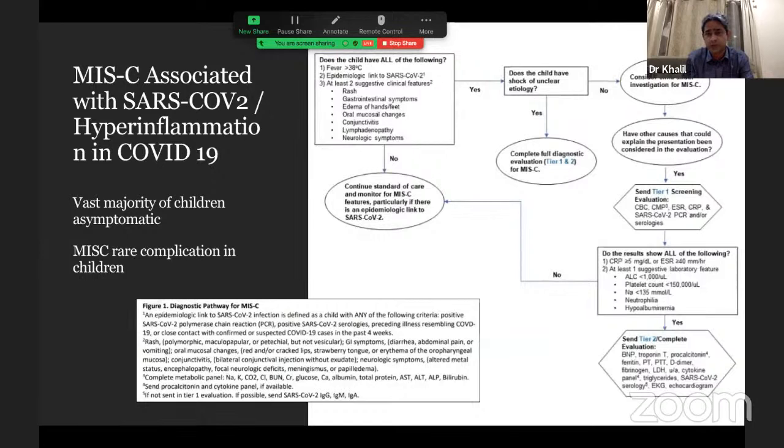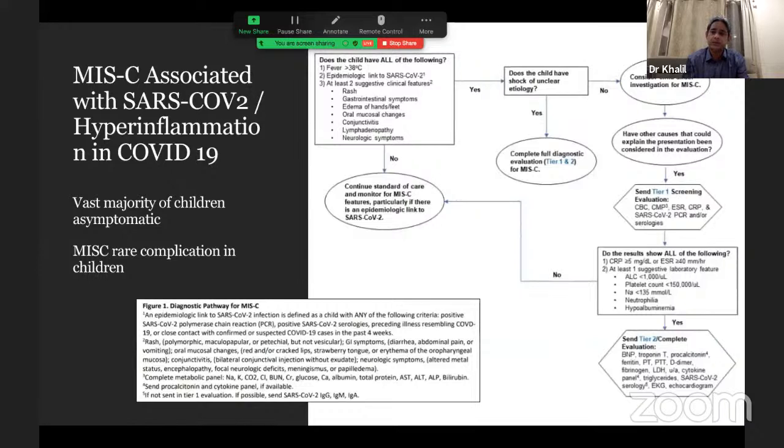What I mean by full diagnostic evaluation is, you have to go for tier 1 and tier 2 evaluation. In tier 1 you do the routine tests like your CBP, ESR, CRP, and SARS coronavirus 2 RT-PCR and serologies.